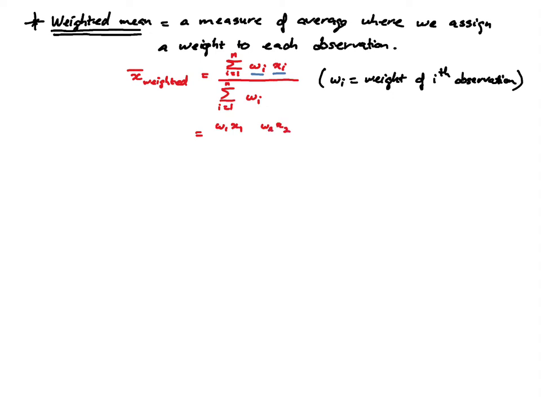And for the nth observation, omega n times xn. Then we sum up all those products, okay? And we divide it by the sum of all the weights. So omega 1 plus omega 2 plus all the way to omega n in the denominator. Okay.